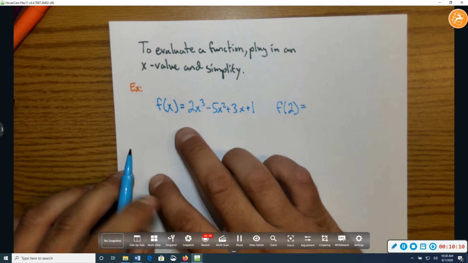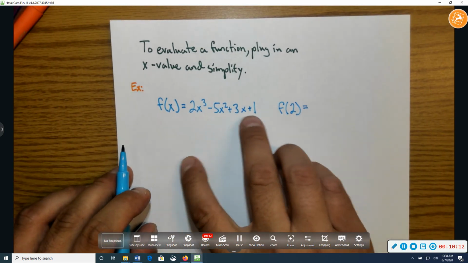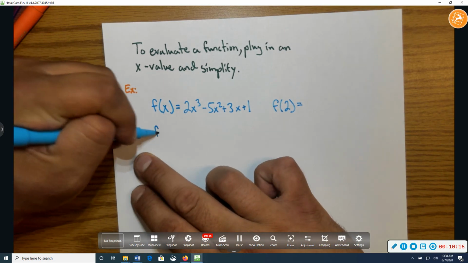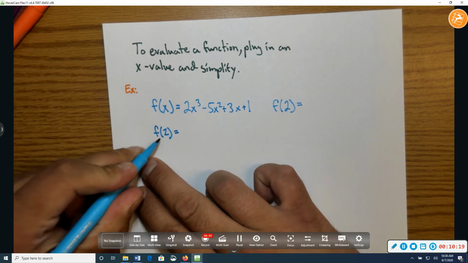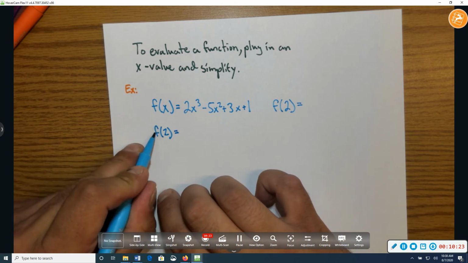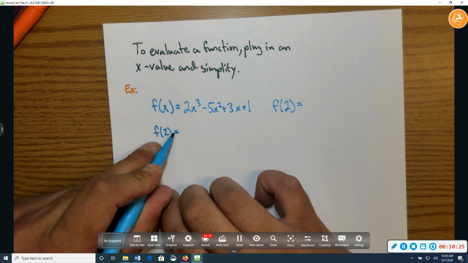Well, all we're going to do is plug in 2 for x every time we see an x and simplify. So f of 2, and remember this part is just notation. This part is saying we're finding the function f when x is 2. I just plugged in 2.